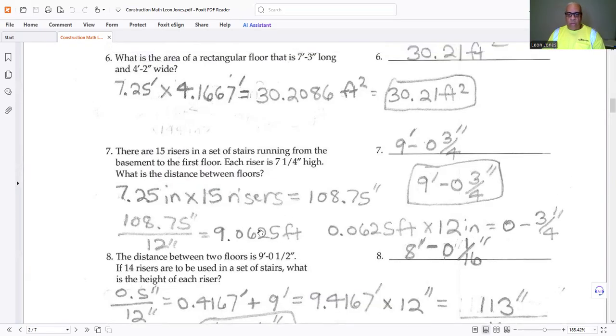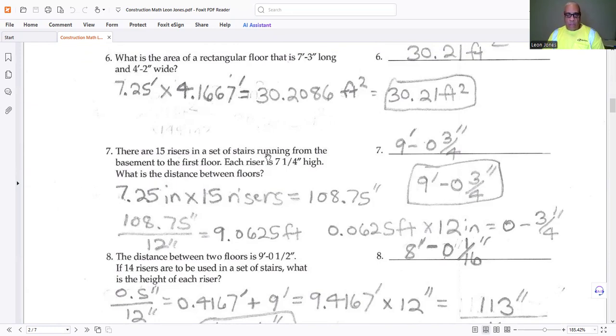Basically, I took this decimal and broke it down into inches. That's how I got the 3/4 of an inch. So I have 9 feet, 3/4 of an inch. That is the difference between both floors.